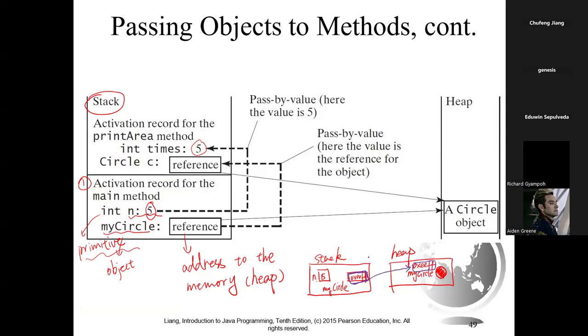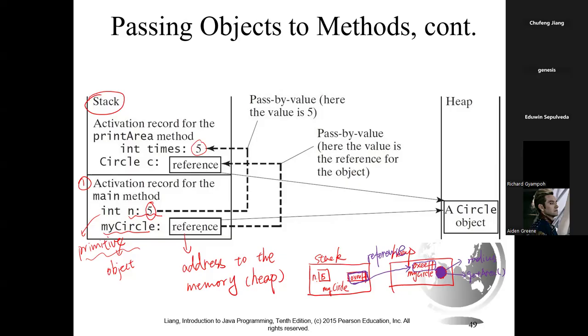So we say it is a reference. And this is the concrete MyCircle. It's an object there. It has the data like radius and the get area. Everything is stored there rather than in the stack.